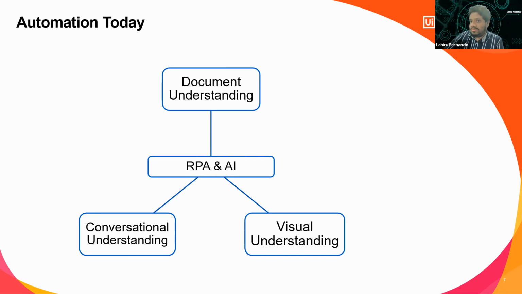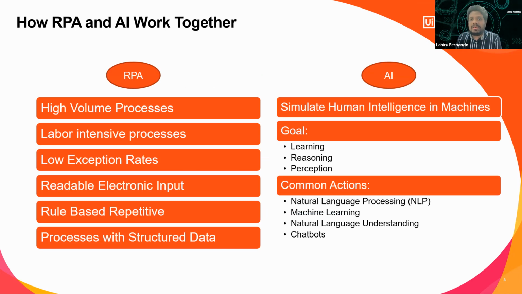Yeah, so let's see what makes AI and RPA work together. As you know, RPA is focused on several key things. When you're automating a process, we look at a few things like high volume processes, labor intensive processes, low exception rates, readable electronic inputs, and rule-based repetitive activities, and processing structured, semi-structured or even unstructured data.